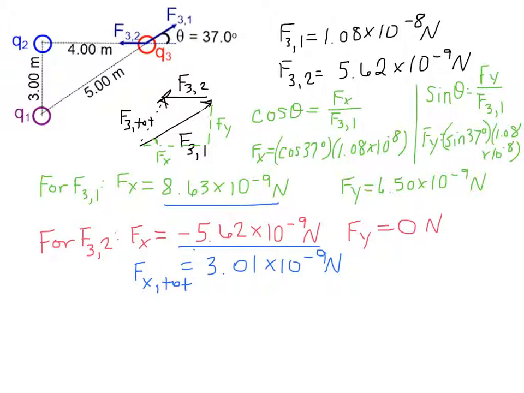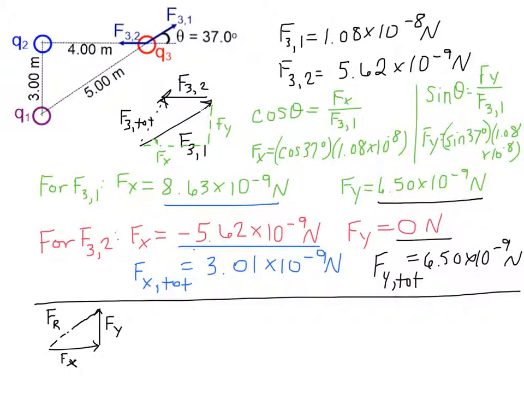My f of y total is going to be f of y plus f of y for each of those force vectors. So my f of y total is simply 6.50 times 10 to the negative 9th newtons.